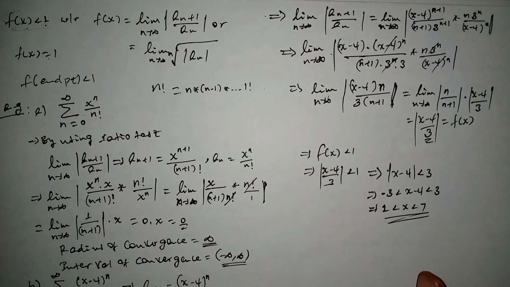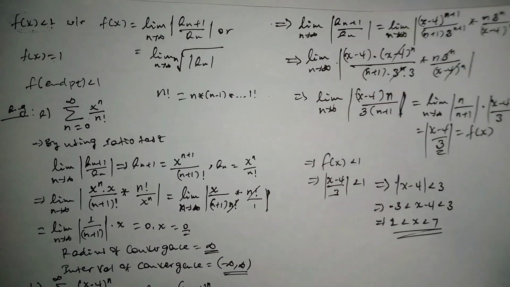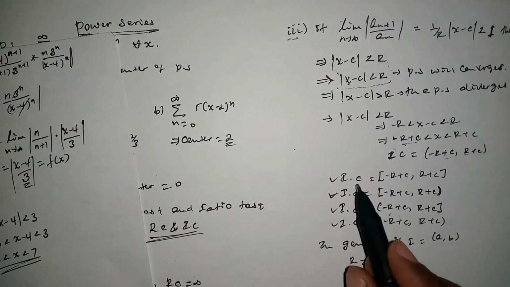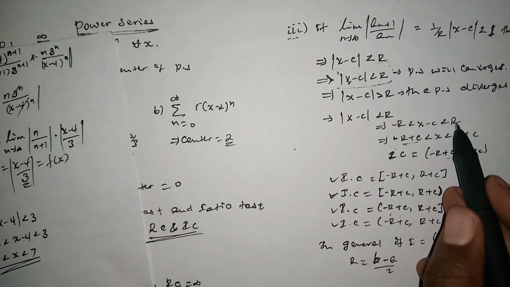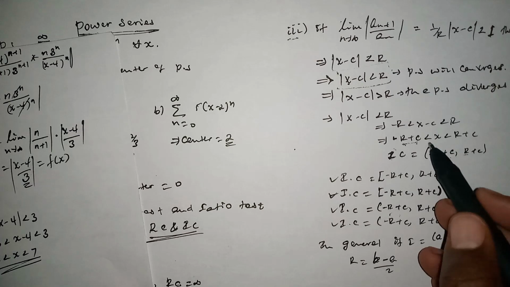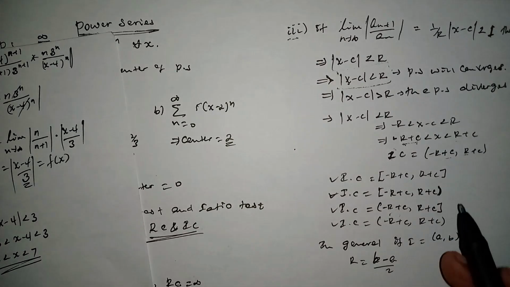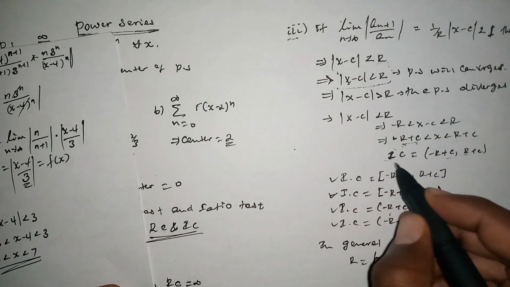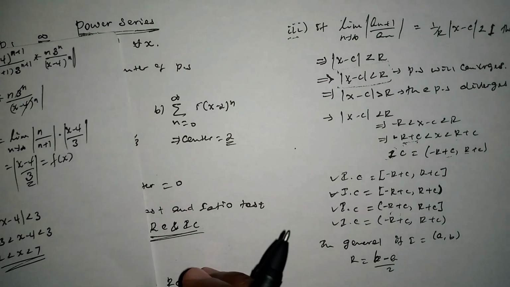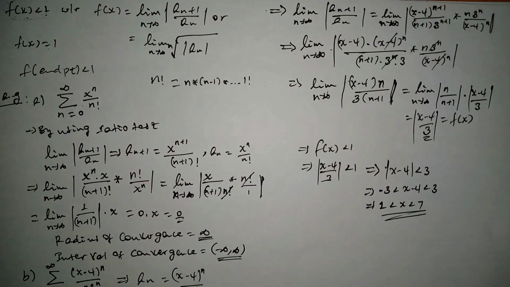So now we are in the third case. In the third case, our interval of convergence looks like this: negative r plus c less than x less than r plus c. So our interval of convergence will be negative r plus c comma r plus c.